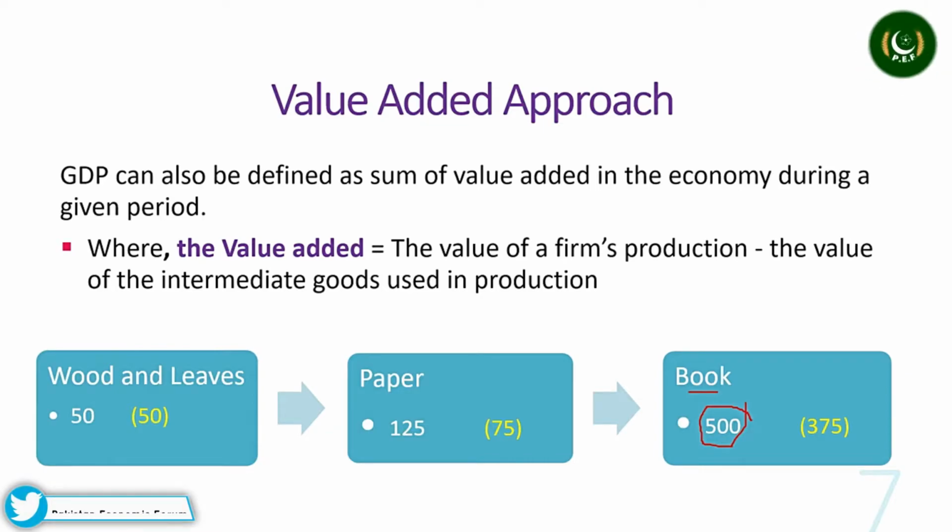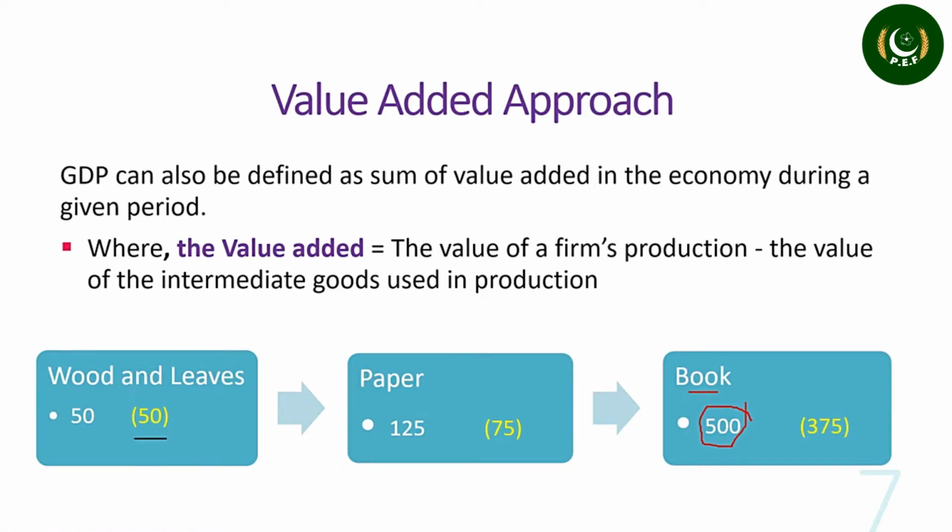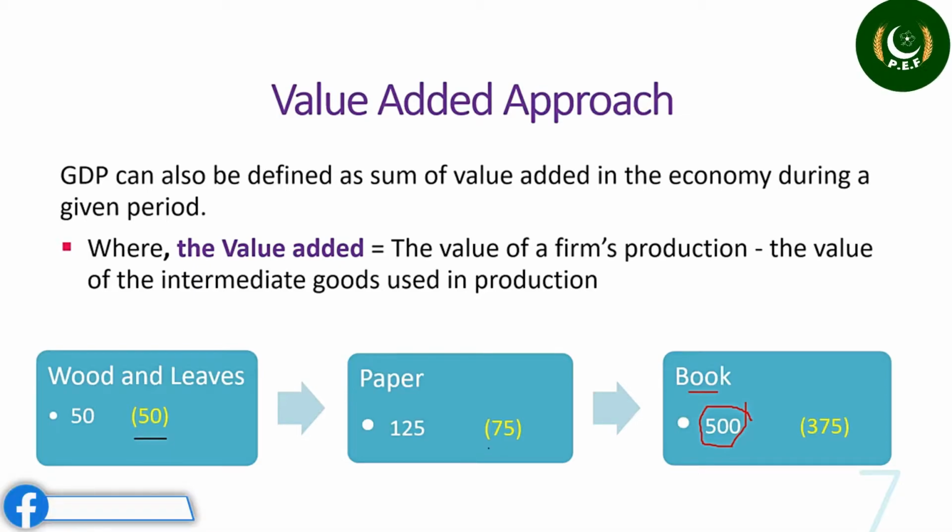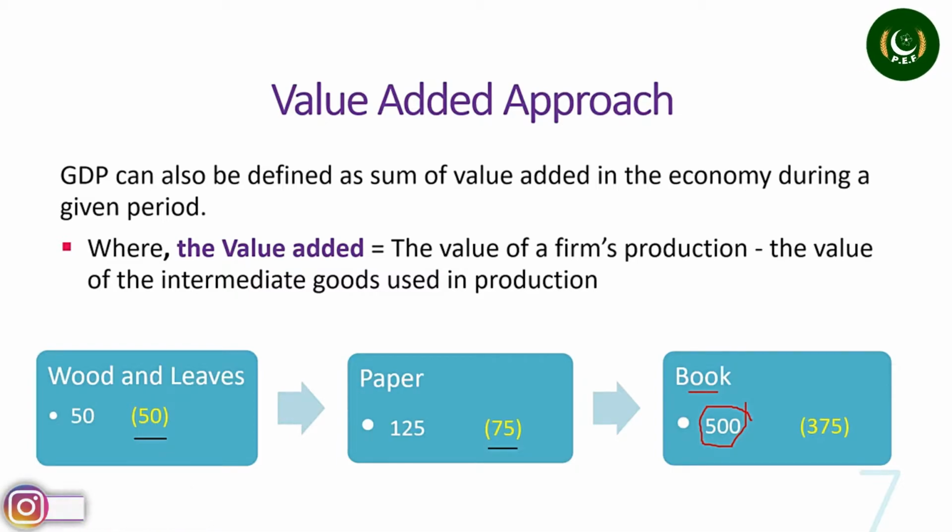At wood and leaves, the addition was of rupees 50. When they were converted into the papers, the addition in the value was rupees 75. And when the paper were converted into books, the addition in value was rupees 375. So adding 50, 75 and 375, we get same answer as 500.